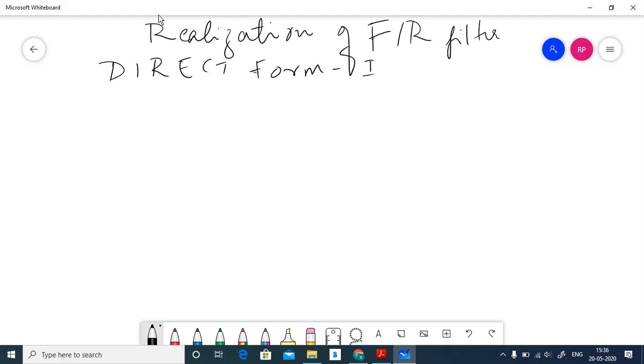Direct form 1 realization. In general, the causal FIR filter is characterized by the transfer function H(z), and that H(z) is given by H(z) = summation m = 0 to N-1 of b_m z^-m.